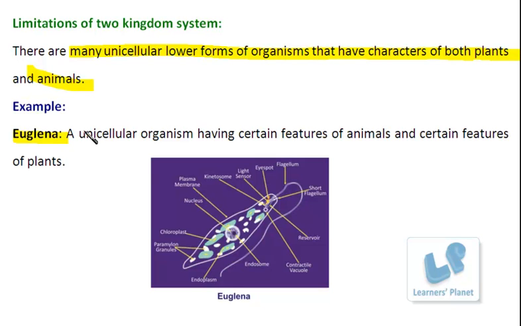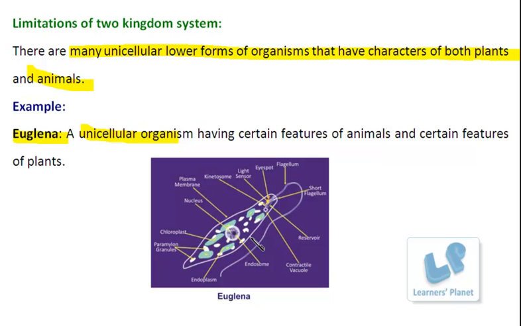This Euglena is a unicellular organism and has the features of both animals and plants. See, usually animals are motile, right? And plants are non-motile. But this organism has a flagellum, and this flagellum helps in the movement of this organism from one place to another.